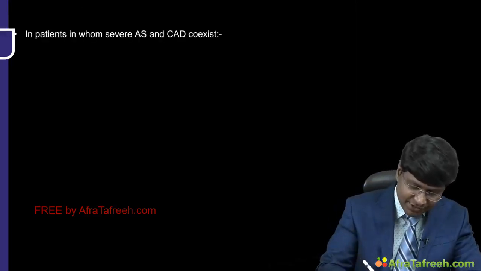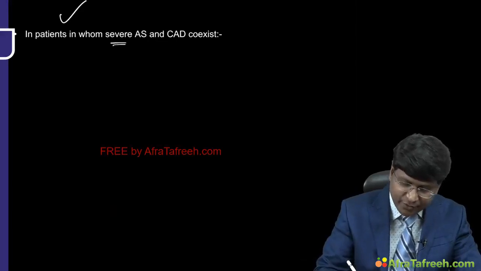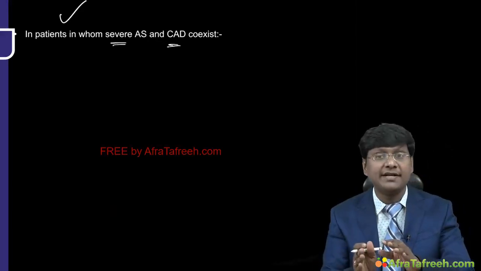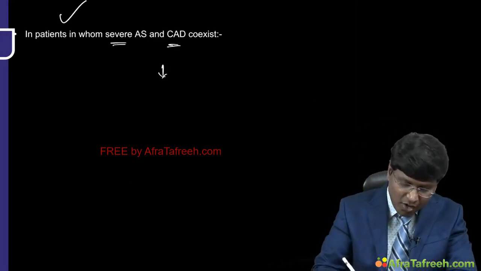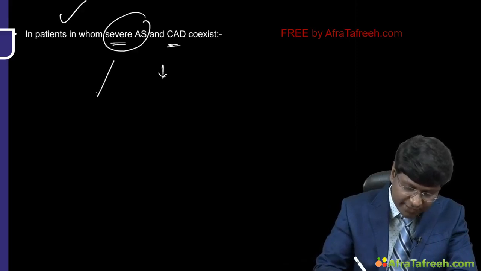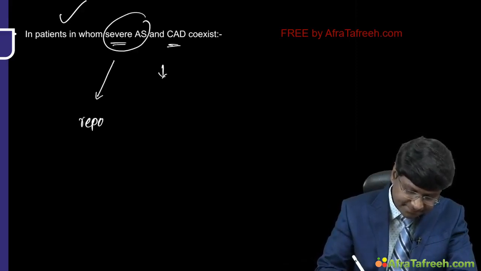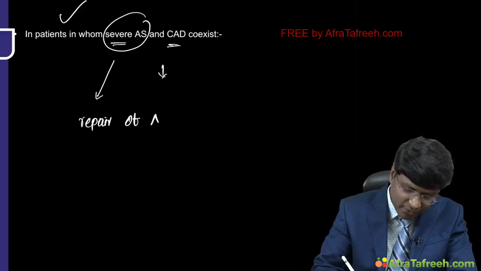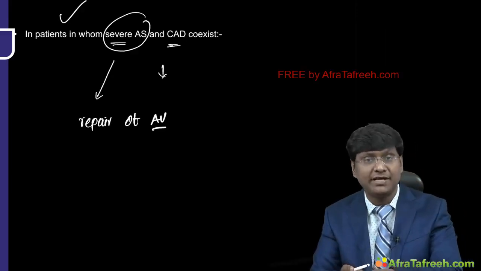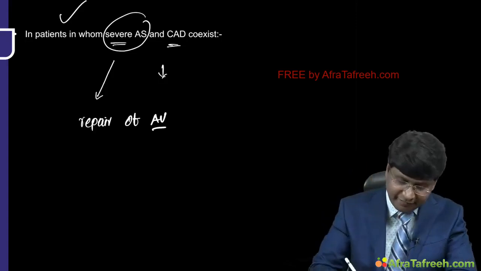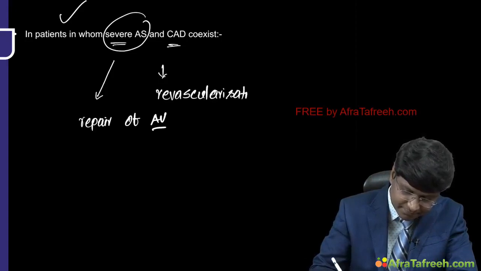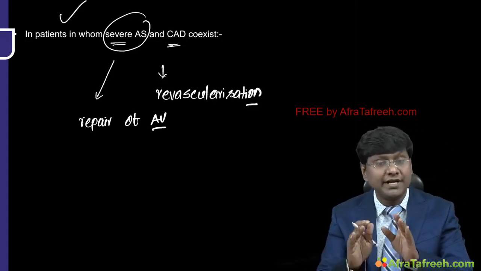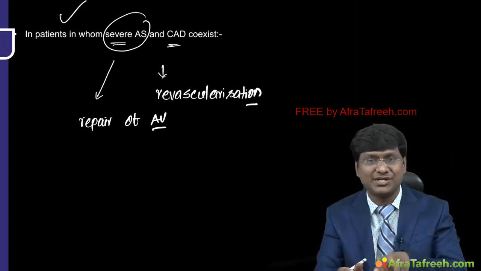Then in patients in whom severe aortic stenosis and coronary artery disease coexist, in this group of individuals, along with doing the repair of the aortic valve, you also need to plan for revascularization.